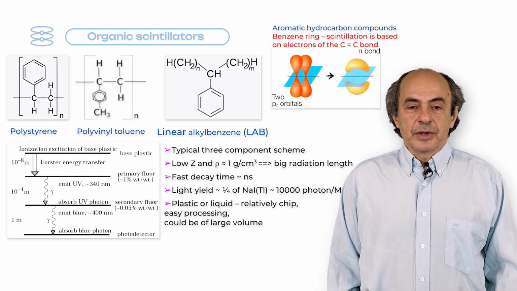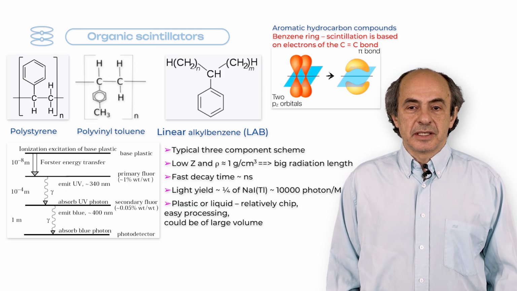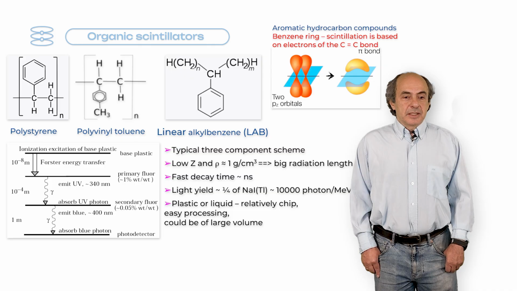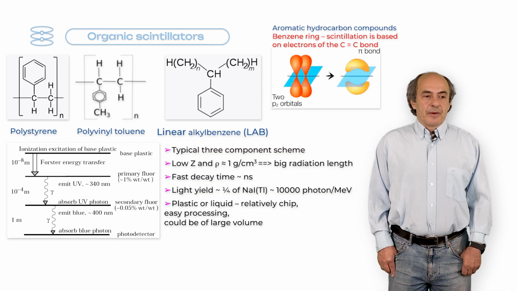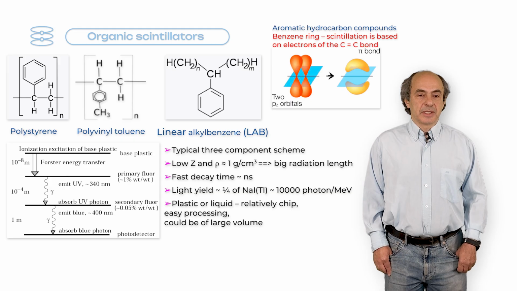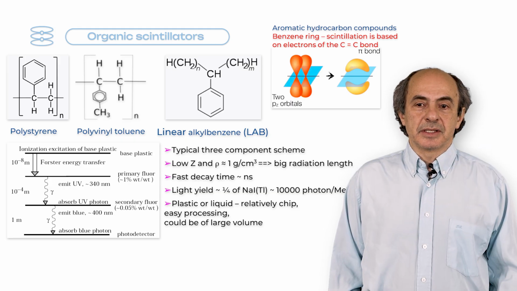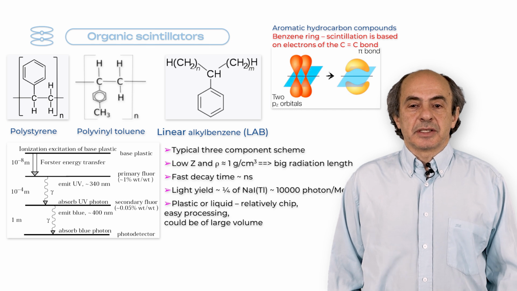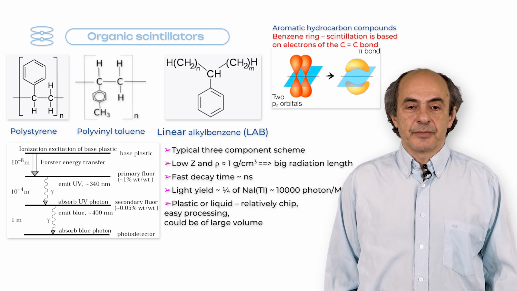So the origin of scintillation in organic scintillators is the C-C bond in these benzene rings. But the plastic is not transparent to the light which will be readily emitted from the levels of this bond. And so a typical three-component scheme is used.